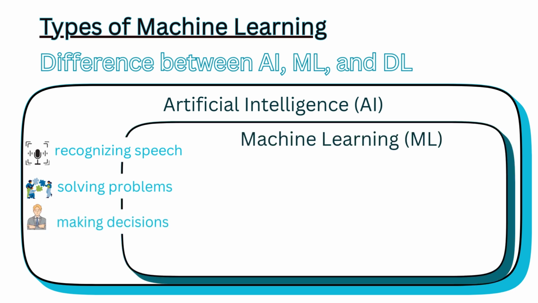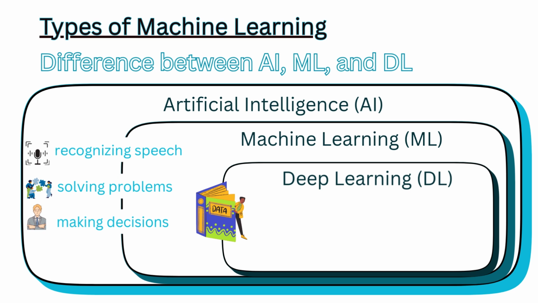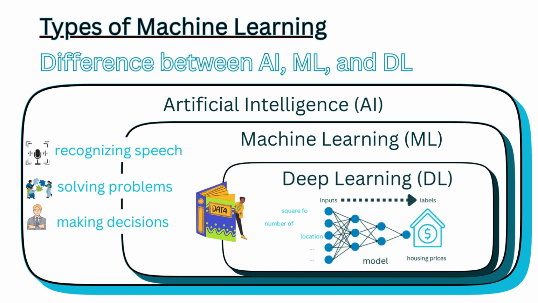Machine learning is a specific way to build AI systems. Instead of programming every rule by hand, we give the machine data, and it learns the patterns on its own. That's the focus of this playlist. Deep learning is a kind of machine learning that uses layered neural networks to learn from large amounts of data.